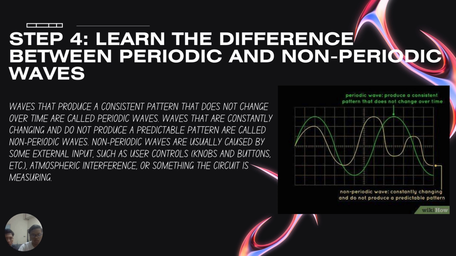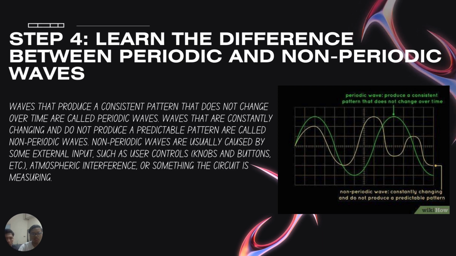Non-periodic waves are usually caused by some external inputs such as user controls, knobs and buttons, etc., atmospheric interference, or interference from something the circuit is measuring.